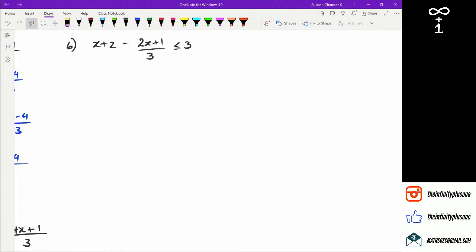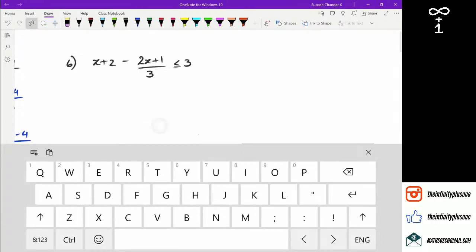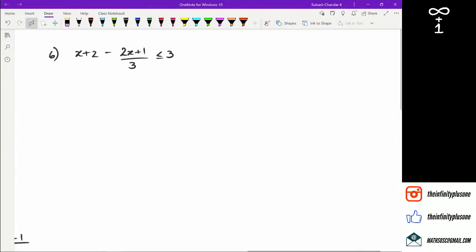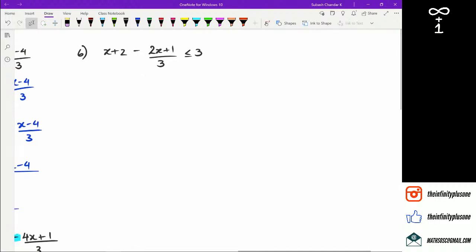First step, just to make things a bit easy for me, I'm going to put a over 1 there. And I've just lost my pen, have I? That's not fun. Give me a second, folks. Just got to reset it. Oh, come on.